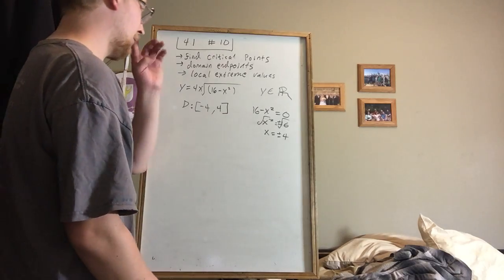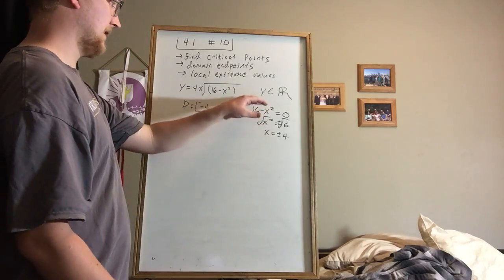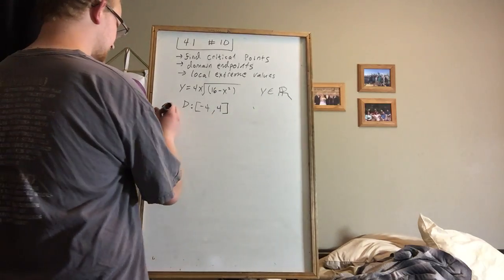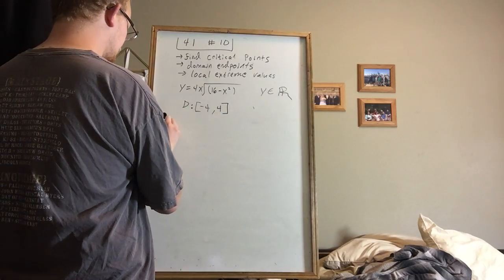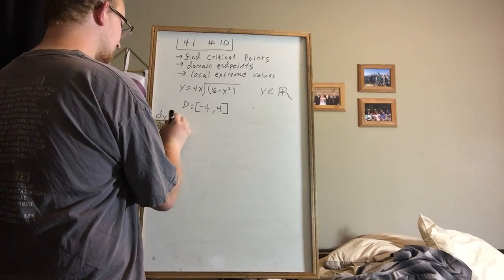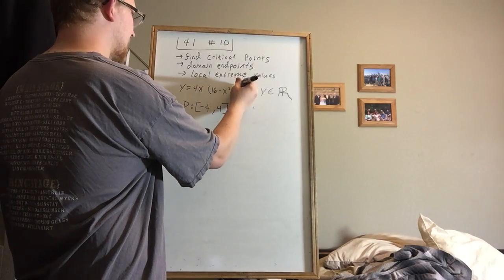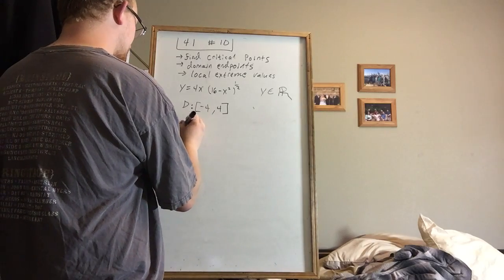The next step, when finding extrema and critical points, is to take the derivative of the function. So dy/dx equals the first times the derivative of the second. I'm going to write this to the 1/2. First is 4x.